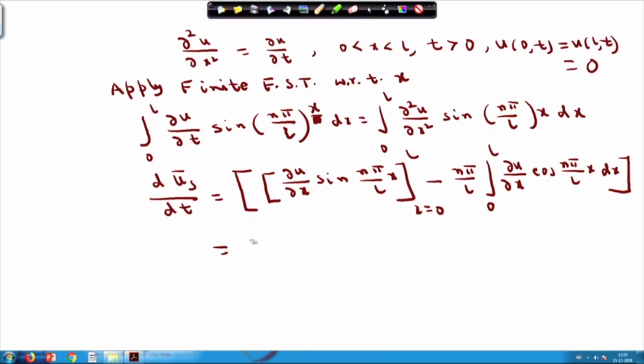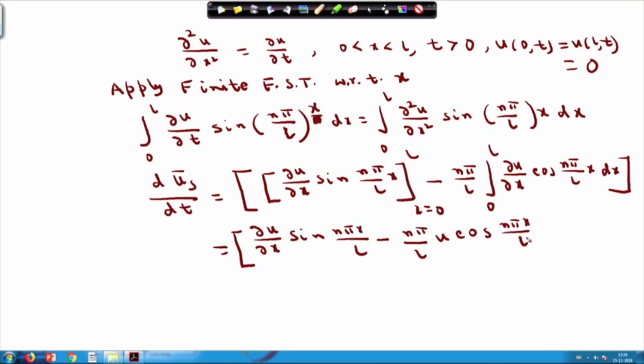At 0 it will vanish. So you will obtain ∂u/∂x times sin(nπx/L) minus nπ/L times u times cos(nπx/L), with x from 0 to L.